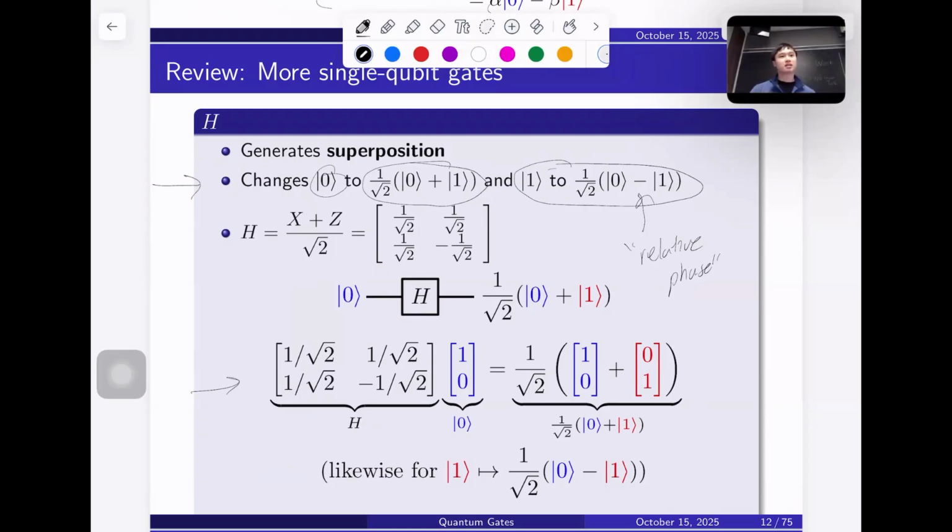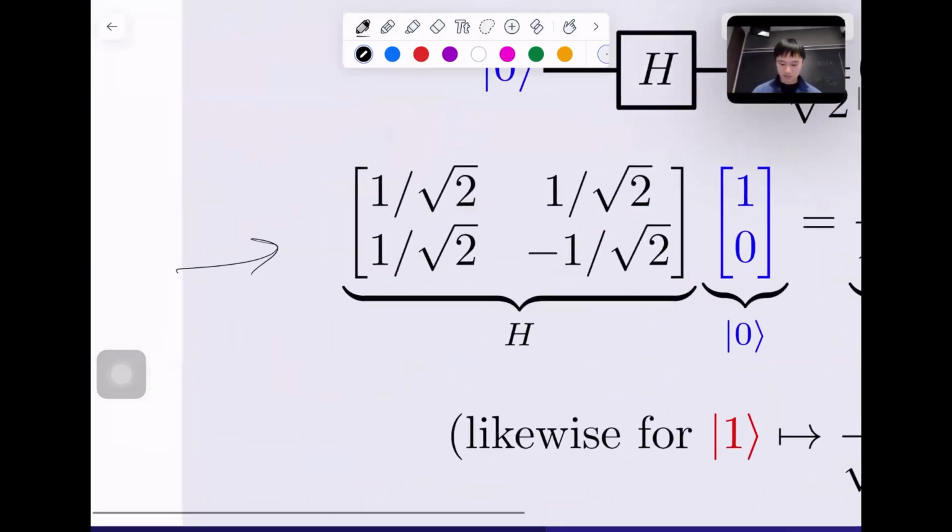But what is a superposition? Basically, a superposition is a non-classical state. With a classical state, you can repeatedly measure it and you always get the same result back. And in quantum, if you have just the 0 with a coefficient of 1, if you keep on measuring it, you're guaranteed to get a 0, right? And nothing happens to the state.